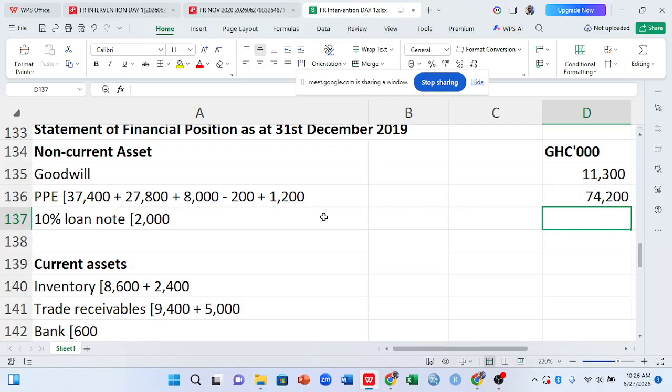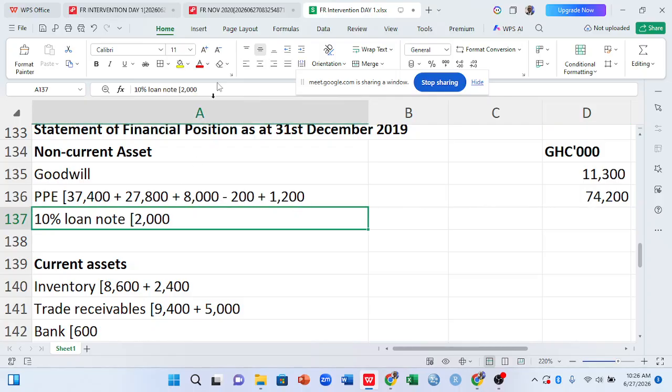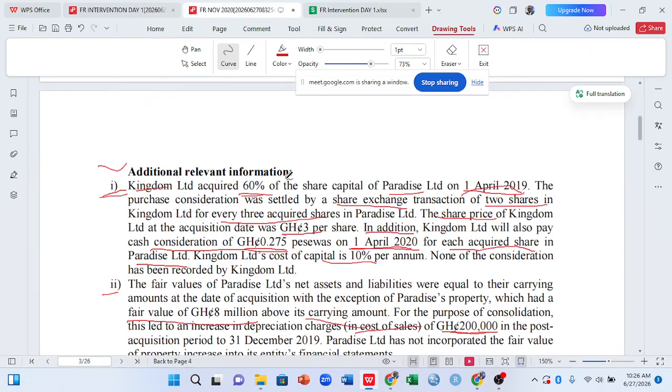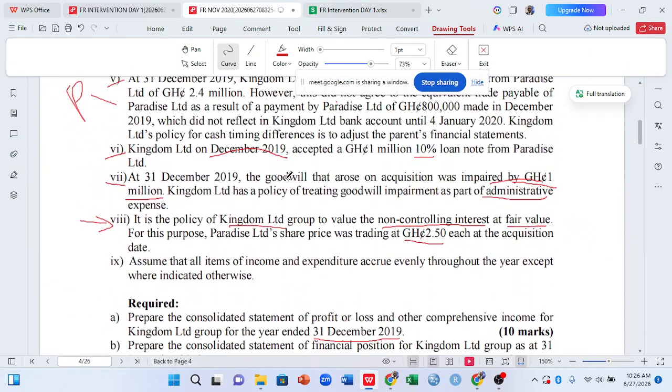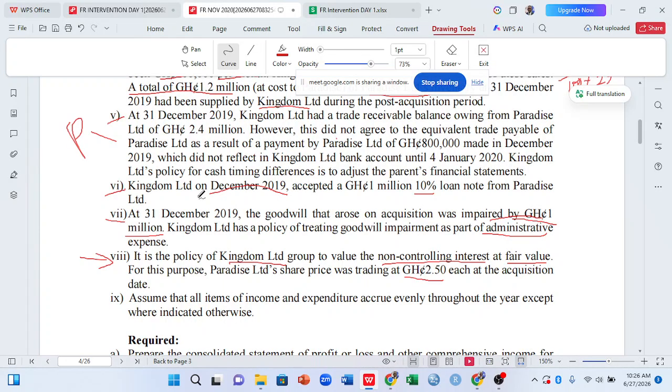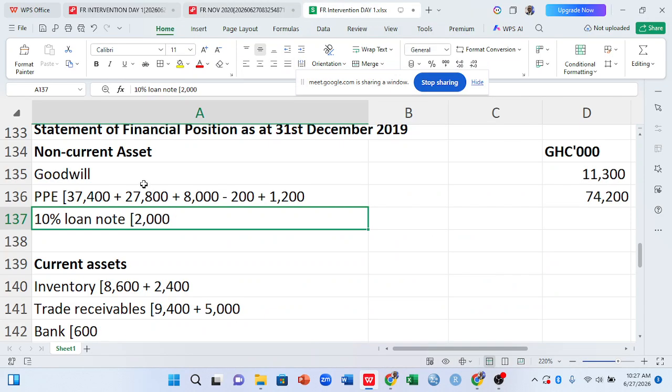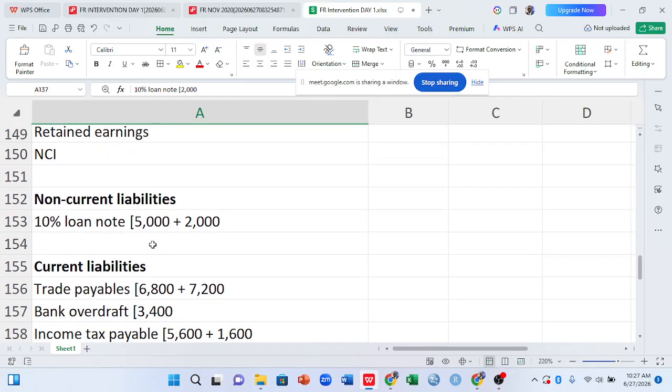74,200. Okay. Next, we have the loan here. Remember they made mention of this loan in this question. Kingdom on December 2019 accepted a 1 million loan note. So this is an intra-group loan. We need to de-recognize this from our books. One party will record it as an asset, another party will record it as a liability.